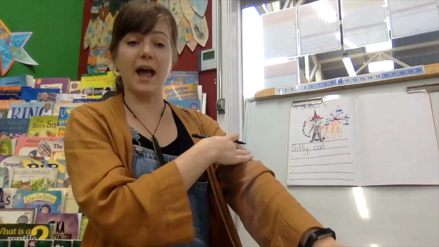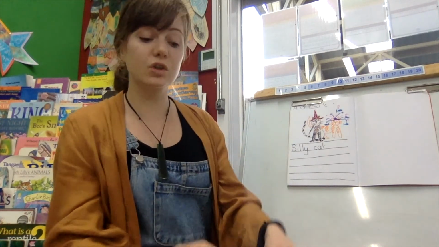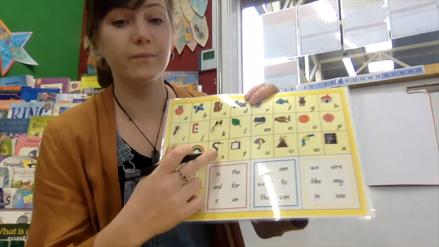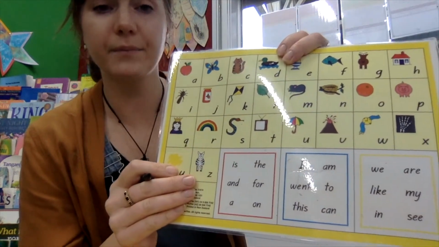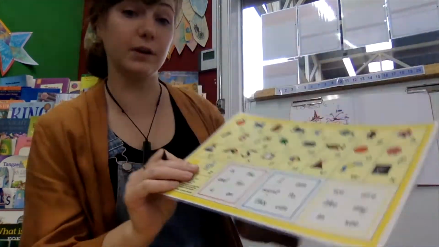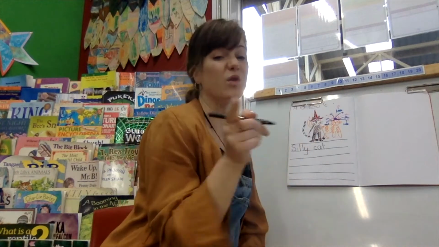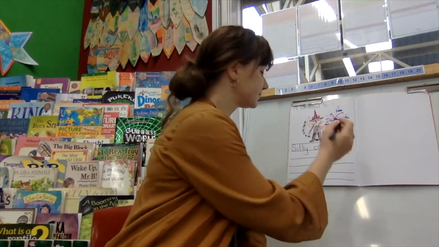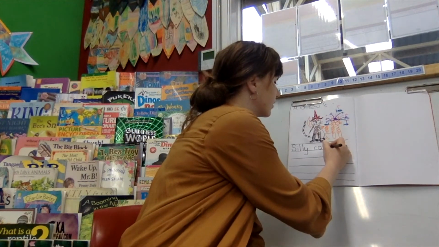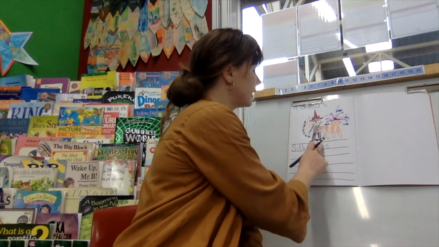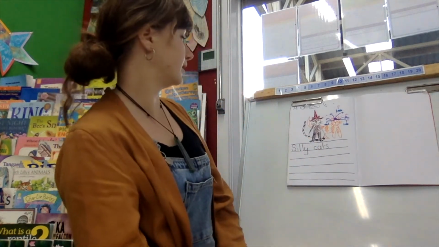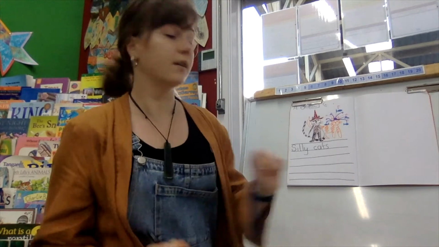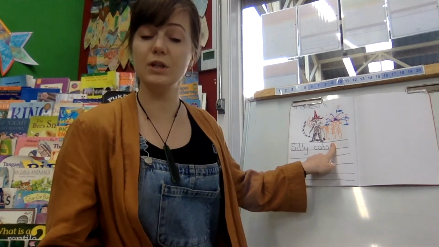Cats, because there's two here. K, t, s, s. What's that letter? Yep, S. Very good. I know you're very good at finding that S sound. Silly cats. Silly cats, finger space. What's our next word?